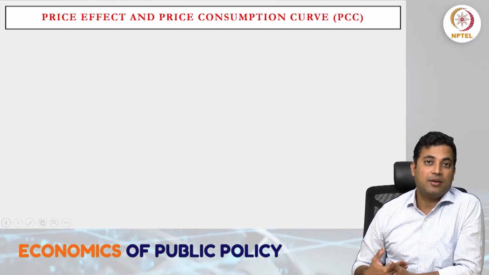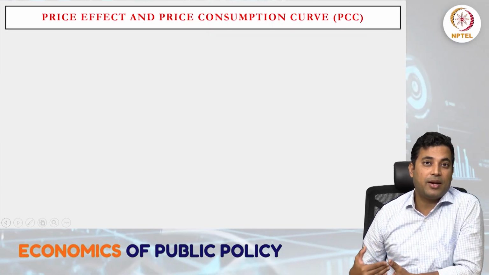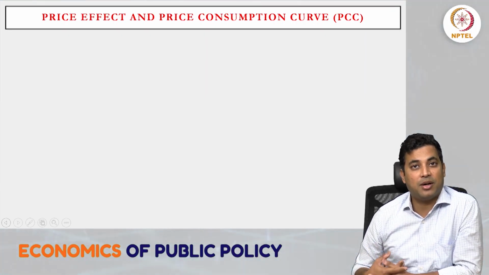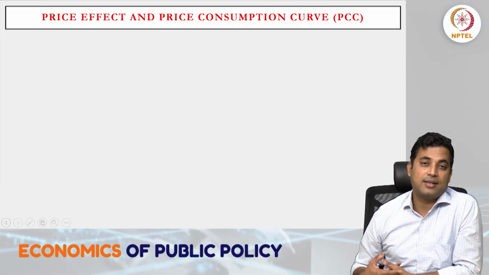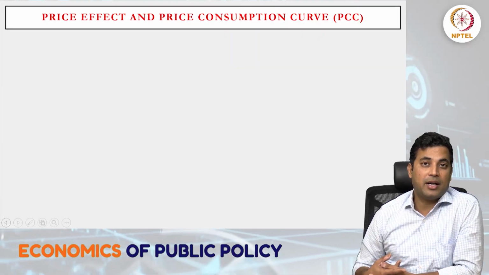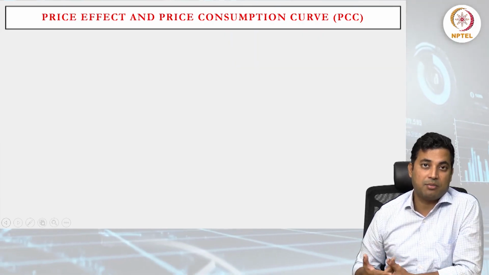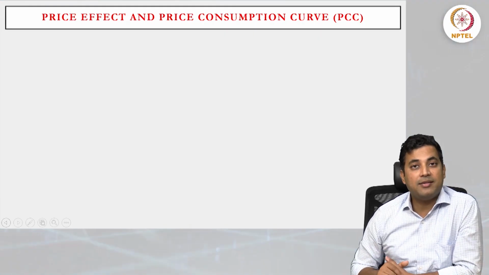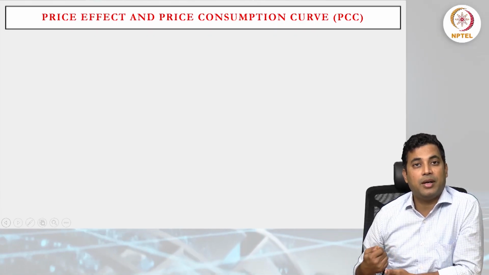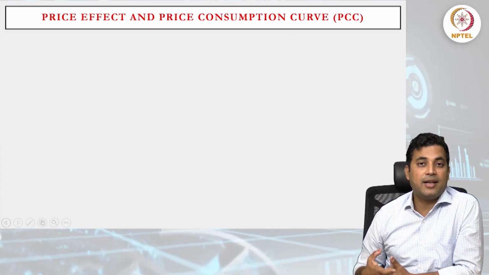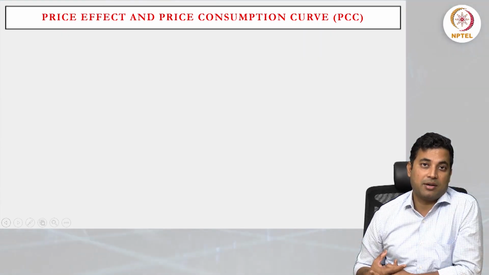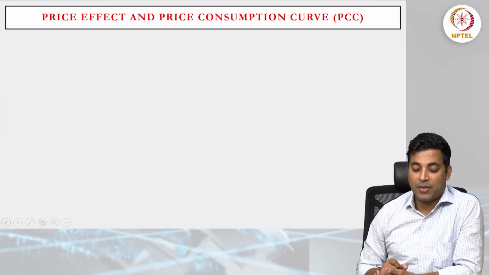Likewise, whether price is falling or there is a rise in the price of that particular commodity, that also has an impact on the overall quantity demanded and overall consumption of that commodity. Therefore, price effect is one of the very powerful indicators for understanding the functional relationship between the price and the quantity demanded for any particular commodity.